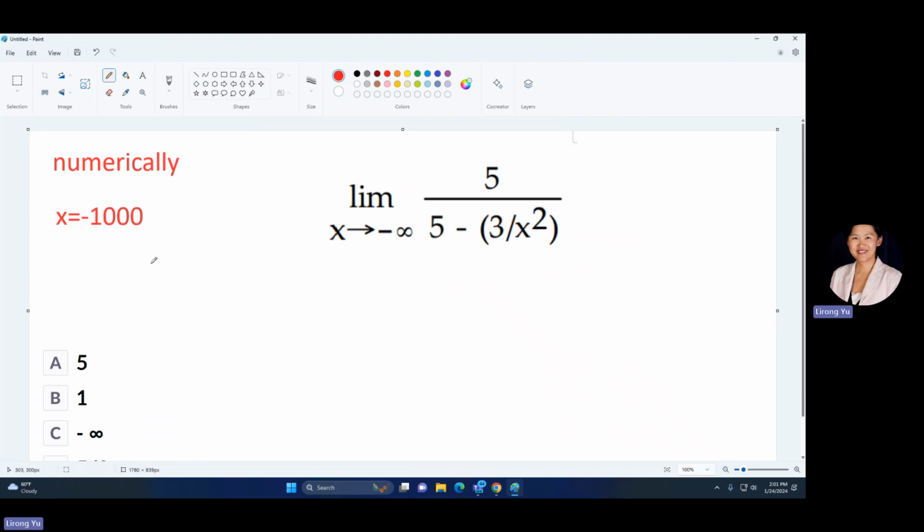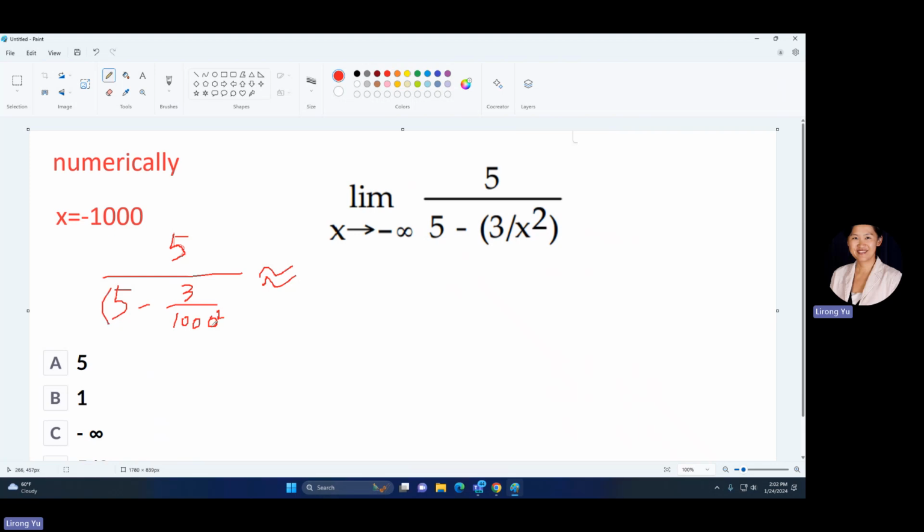So then your calculation will be 5 over 5 minus 3 over negative 1,000 squared. Make sure the order of operations is correct.